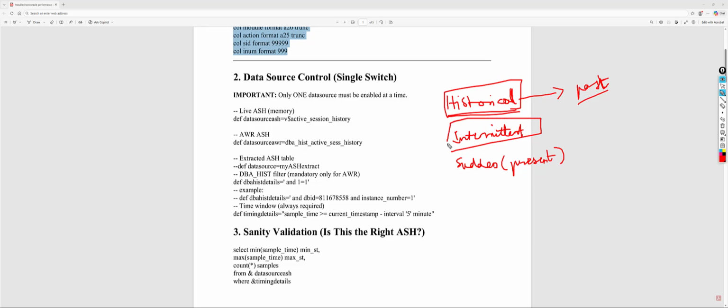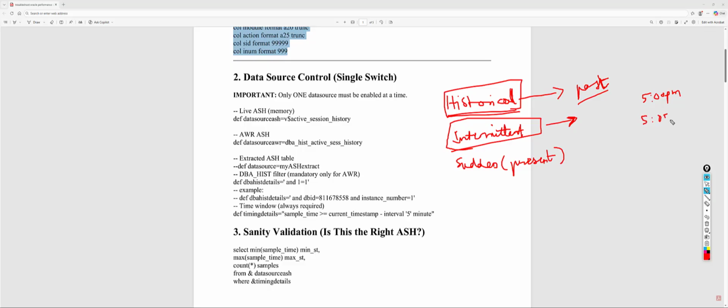And coming to intermittent, this is not continuous. The issue will happen with intervals. Say for example the issue happened at 5 p.m. It will be in some set of small intervals.